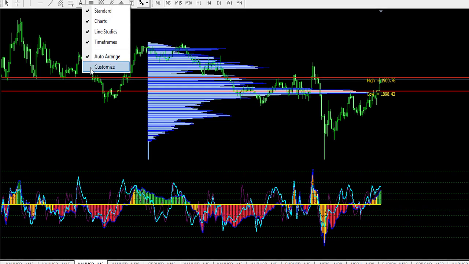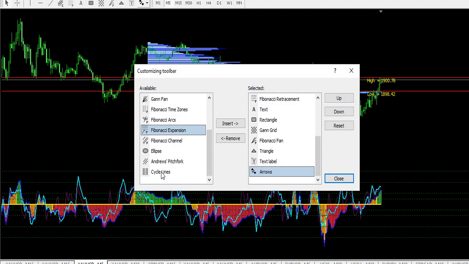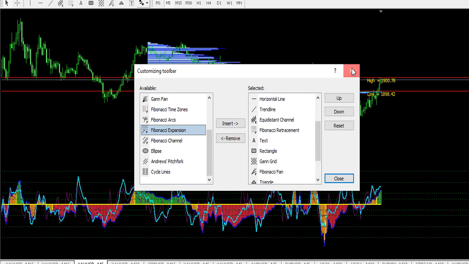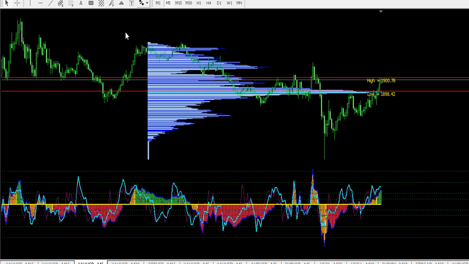Where can I see text? I don't see the text. It's okay. Sorry, I found the text.